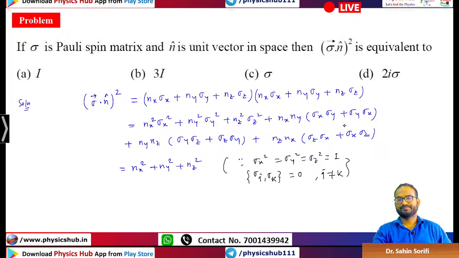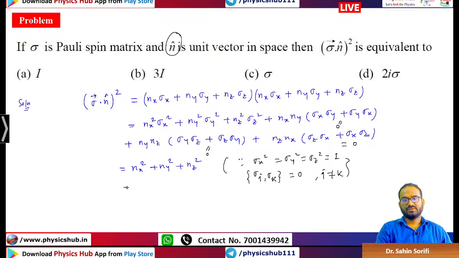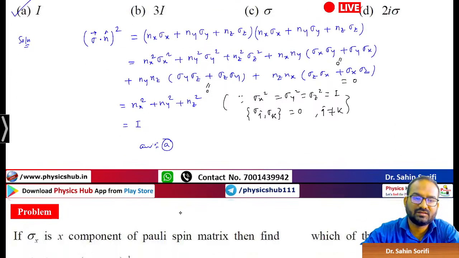So this term will be 0, this term will also be 0, and this term is also 0. So nx square plus ny square plus nz square, n is a unit vector, so the square of it will be 1, unity. So this will be identity. Is it clear or not?